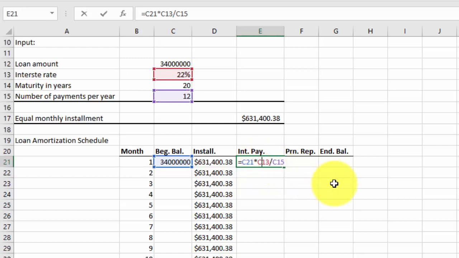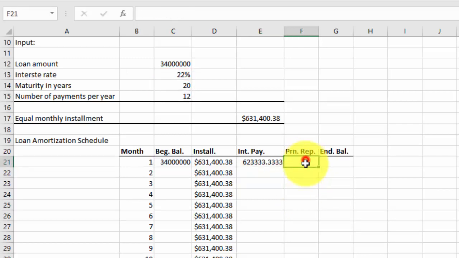And because the rate row should not change, we place a $ sign before the row numbers, so that when we drag it below, it remains fixed.